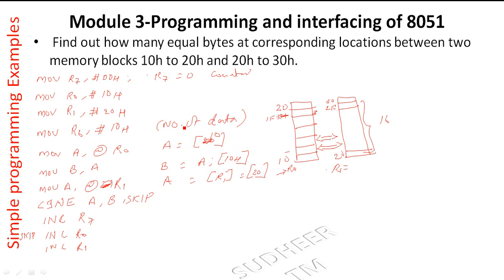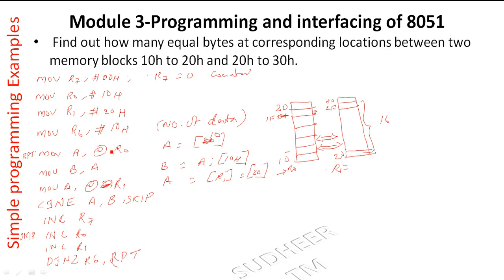Then we need to check whether we completed 16 locations. Same logic: decrement and jump if not zero, where the count is in R6. DJNZ R6, and we need to take the data again, MOV A, @R0. So here is our RPT, so the jump should go to RPT.